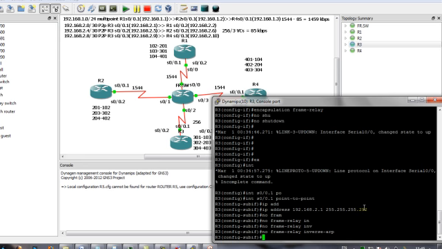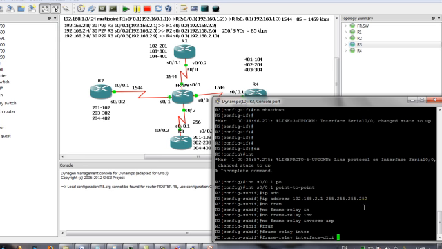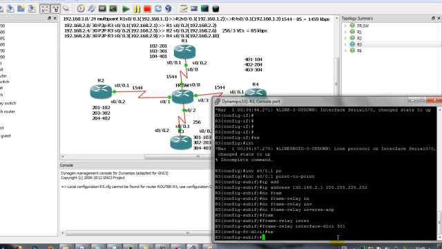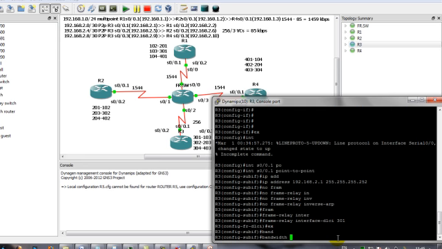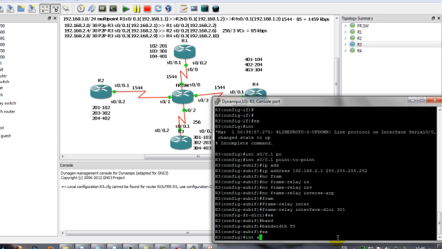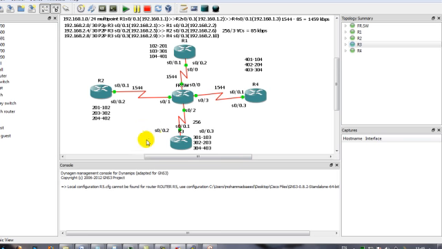Now I want to use the dynamic, so frame-relay interface-dlci, because this sub-interface contacts Router 1, so the DLCI will be 301. So now exit, and just configure the bandwidth with 85. Now go to the second sub-interface, 0/0.2 point-to-point.